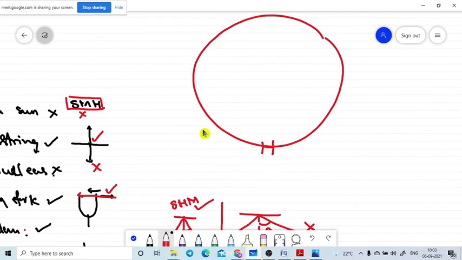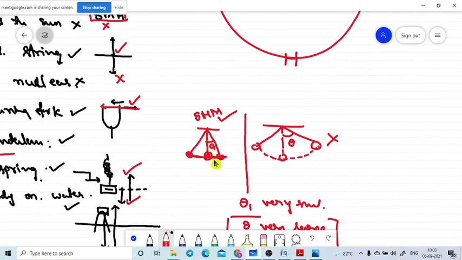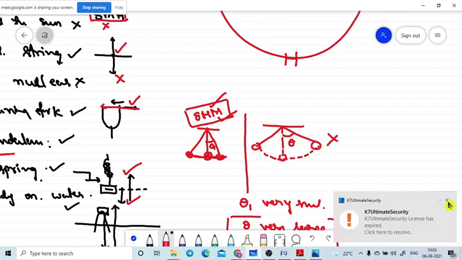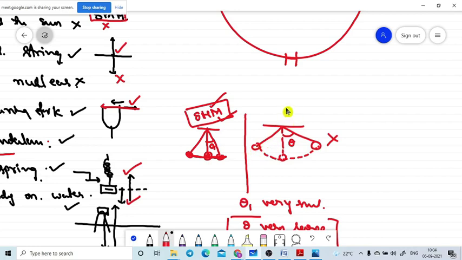If this is a big circle and we take a small displacement, it will appear like a straight line path. So the body is executing straight line motion, and then this is simple harmonic motion only. If the displacement is big, if the angular displacement is huge, then it is not simple harmonic motion. We should not consider this case as simple harmonic motion. This is only our simple harmonic motion. Let me close here.